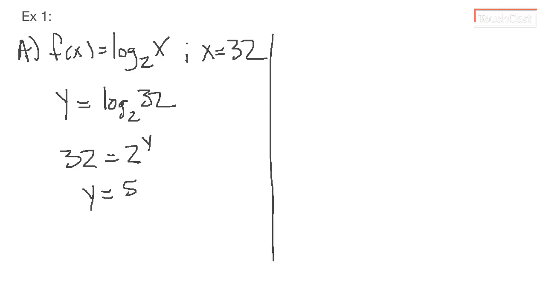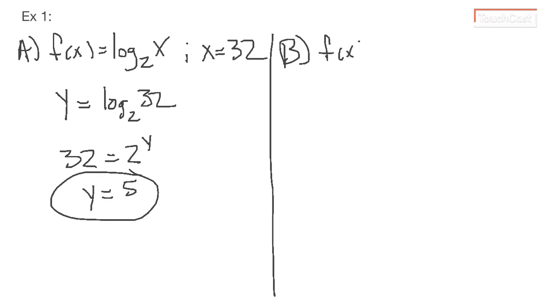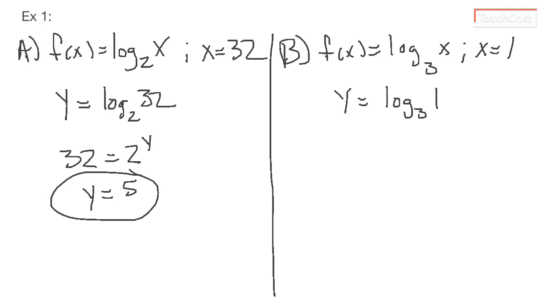Let's look at another example. 1b. We're going to have the function f of x equals log base 3 of x, and x is 1. So that means we have y equals log base 3 of 1.